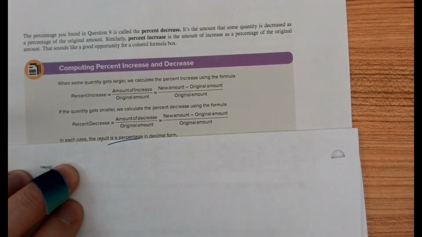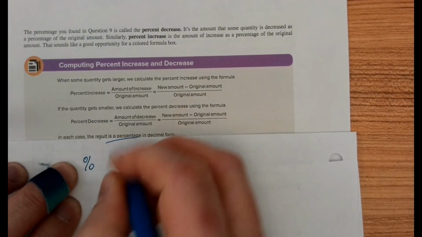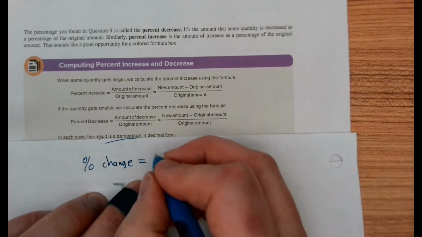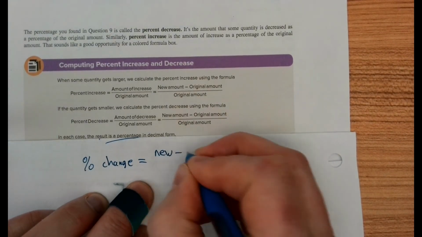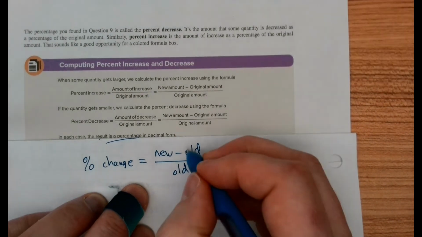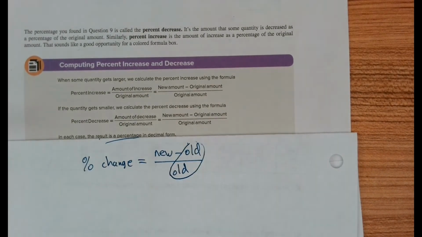But I think maybe a better way to write these two formulas is to call it percent change and just make it real simple. Do the new value minus the old value divided by the old value. Note, what's important is that the number you're subtracting is also the number you're dividing by.